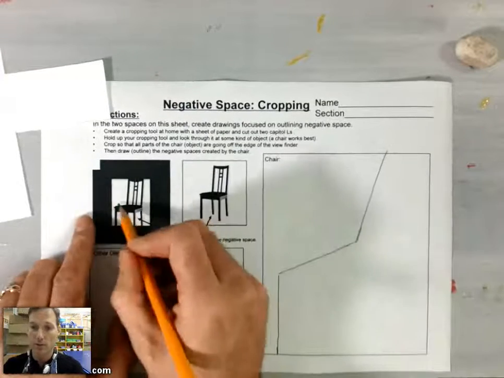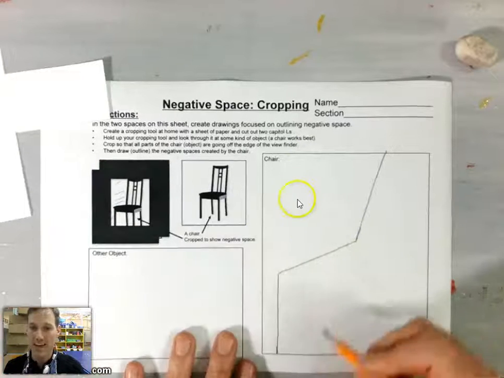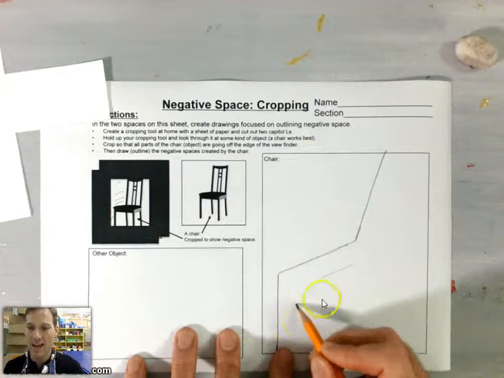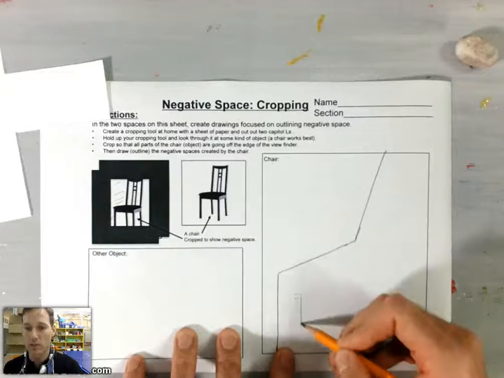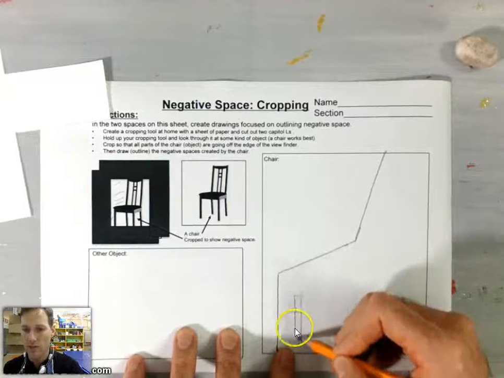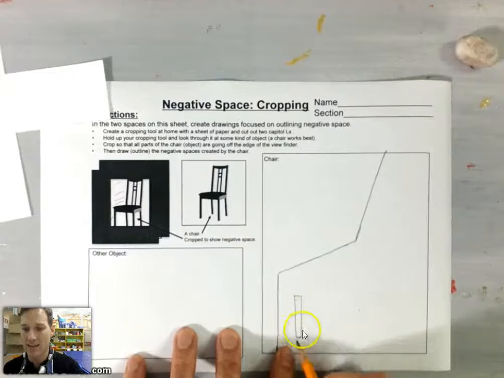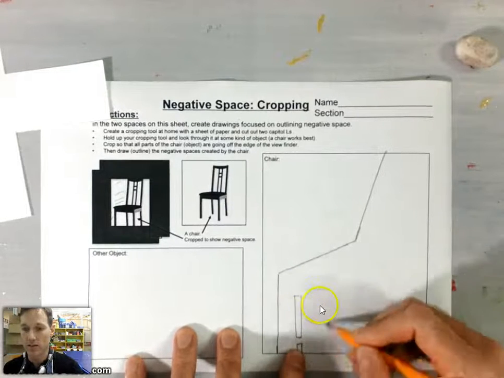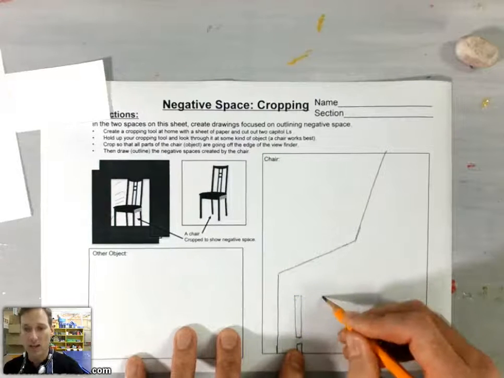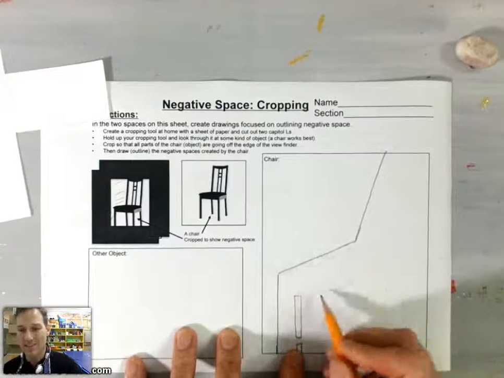Then I'm looking more particularly at this negative space out here, not the actual seat of the chair. Now I'm looking, like that picture I showed you before, I'm looking at the little shape inside of the area between the front leg and this other leg that's right here. I'm not drawing that leg, but I'm drawing the shape of the space in between.